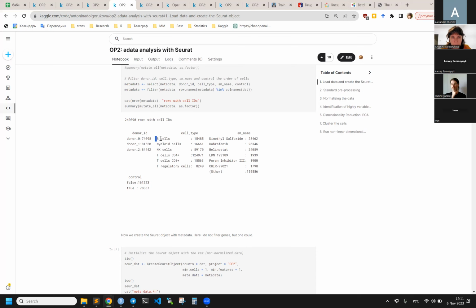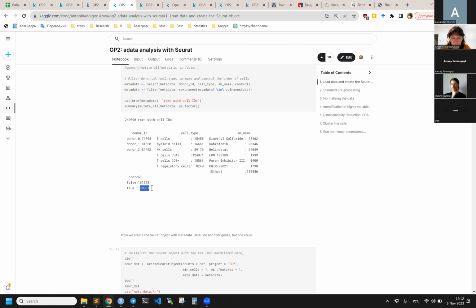We have also 6 cell types. You can see all kinds of cells we have here. We have data on what drug affected each particular cell. These are drug names, and another column indicating whether the drug was a control or not.